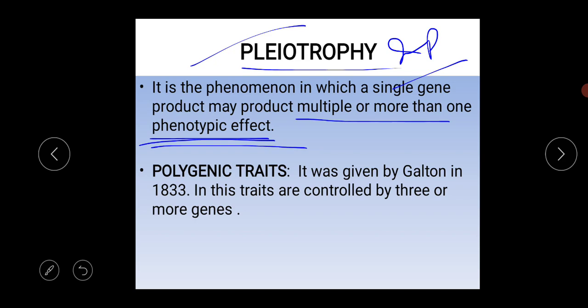One example is phenylketonuria. This is one kind of disorder, a disease which is caused by a mutation in the gene coding the enzyme phenylalanine hydroxylase. It affects the individual's hair and skin pigmentation, and causes mental retardation. So it is actually showing 3 types of phenotypic effect: hair and skin pigmentation, and mental retardation.